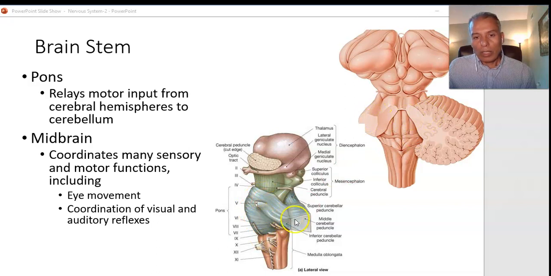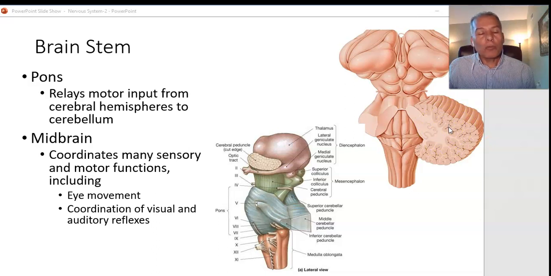See that area here. The fibers from the middle cerebellar peduncle go out and around the brainstem and hug it like this, and they form the bridge. Pons means bridge. So the function of the pons is to relay motor input or output. Motor input from the cerebral hemispheres to the cerebellum, so they bring down motor commands to the cerebellum.